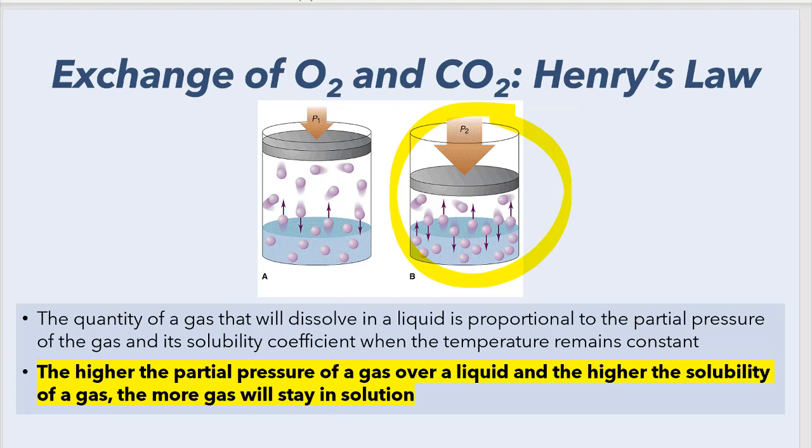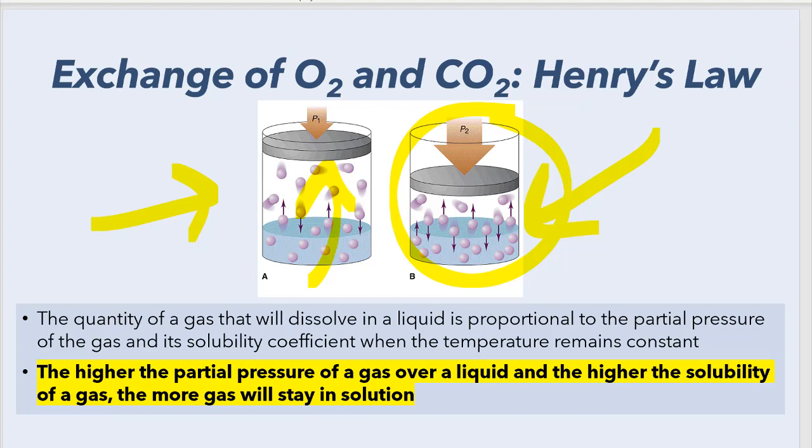This is the idea here: the higher the pressure, the higher the partial pressure, the more likely the gas will remain dissolved in the solution. If the pressure is not high enough, if it's low, then it's going to bubble out. And it also depends, of course, on how soluble the gas is.